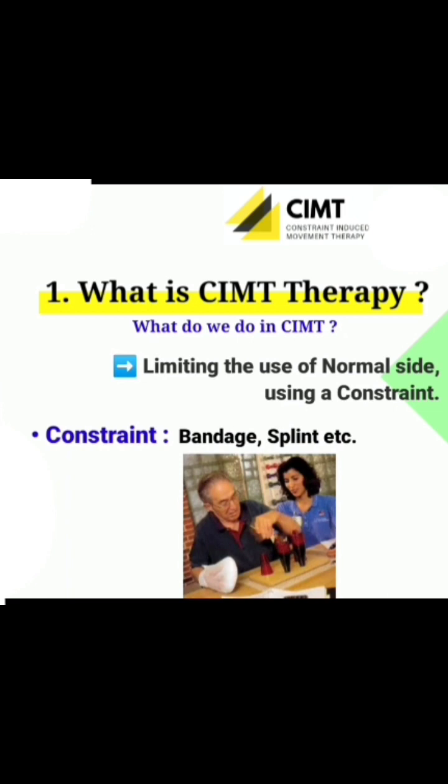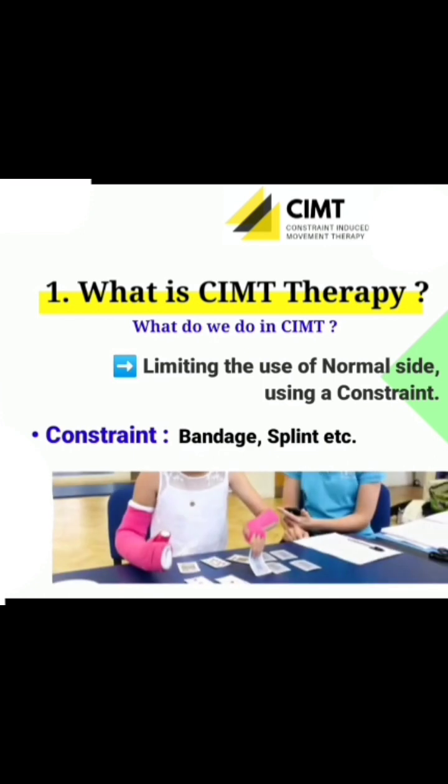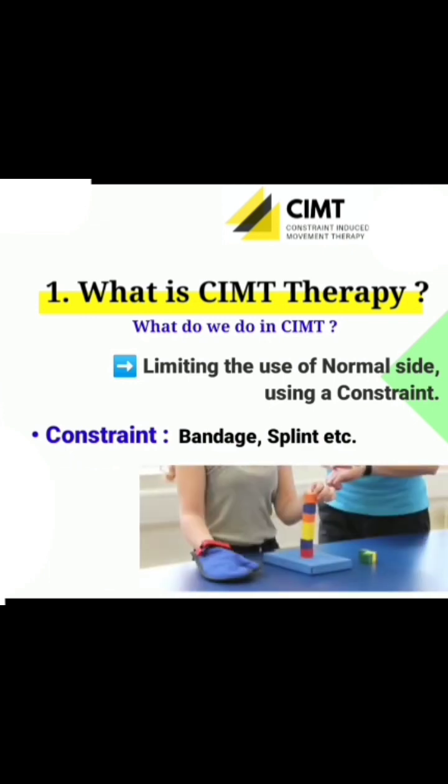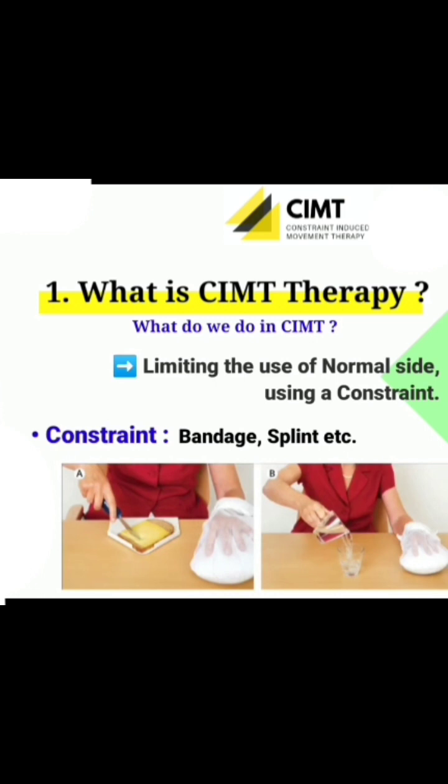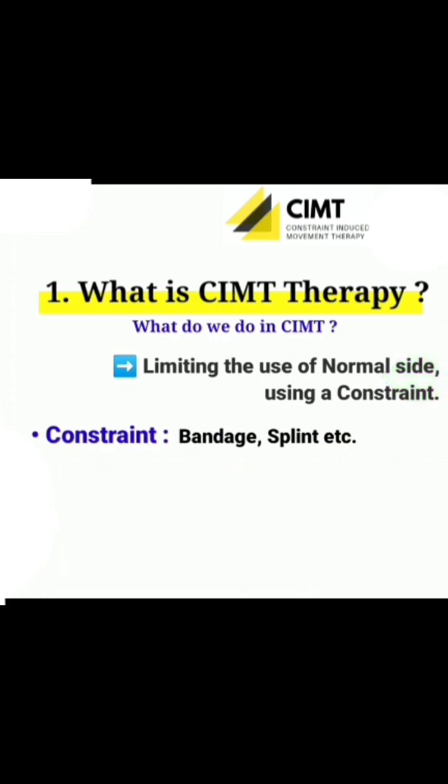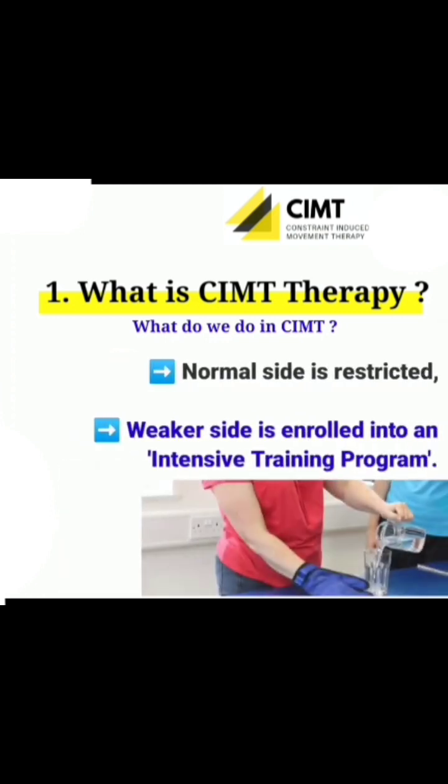The intention is that the patient should not be able to utilize the normal or the stronger side upper limb to perform the fine motor movements or any hand activities. It's like sending the normal side on a vacation where it has to do no work for a certain period of time. And during that same period, when the normal side upper limb is on a holiday, the therapist enrolls the weaker side or the paralytic side upper limb of the patient into an intensive training program, which we can call a type of crash course.